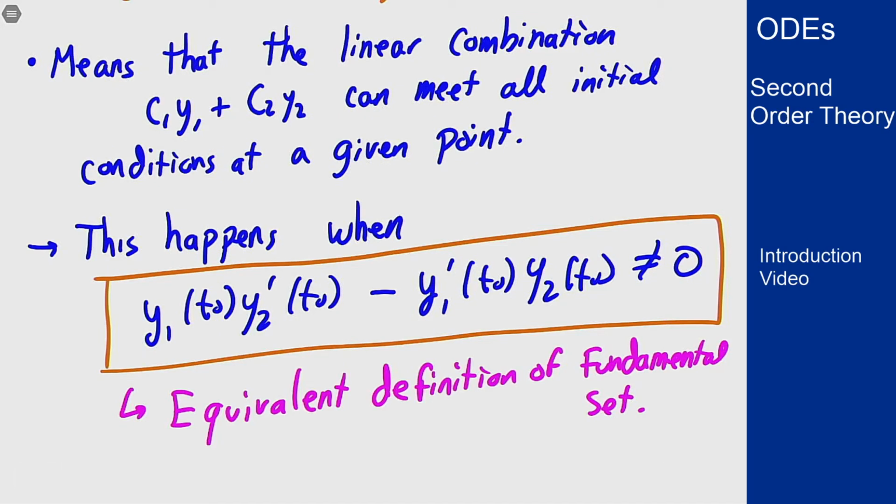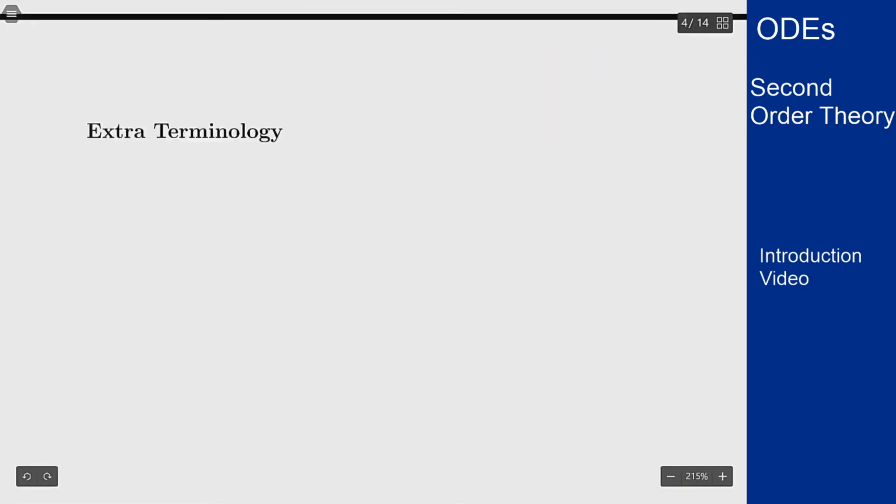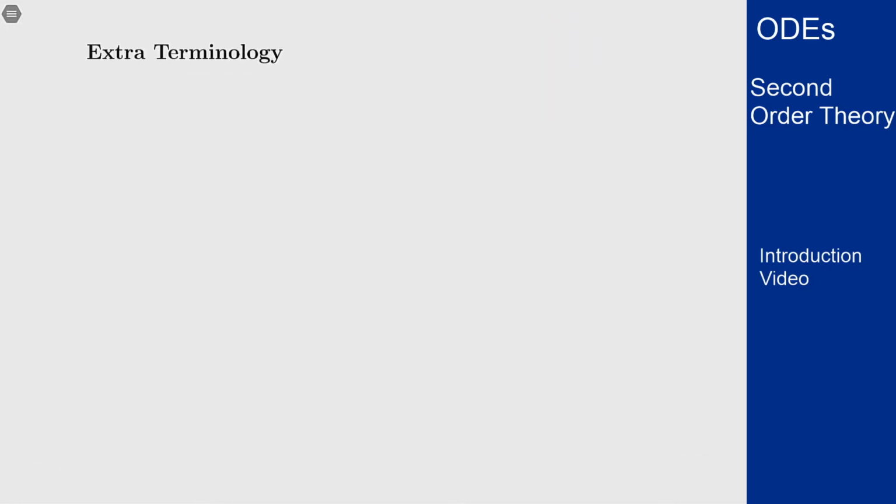If this property holds for a given pair of solutions, then they will form a fundamental set, which means I can take a linear combination of those two solutions and get to any solution that I want for this differential equation with any initial condition that you give me. Now for some terminology.